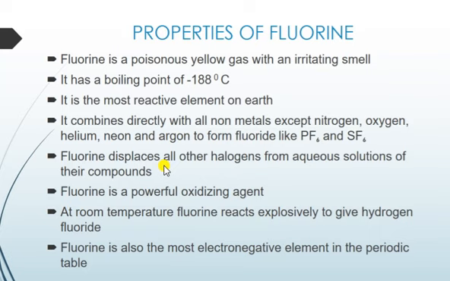Fluorine displaces all other halogens from aqueous solutions of their compounds. It can even react with noble gases like krypton and xenon. Fluorine is a powerful oxidizing agent, that is, it has the ability to attract electrons from other elements and itself being reduced in the process.